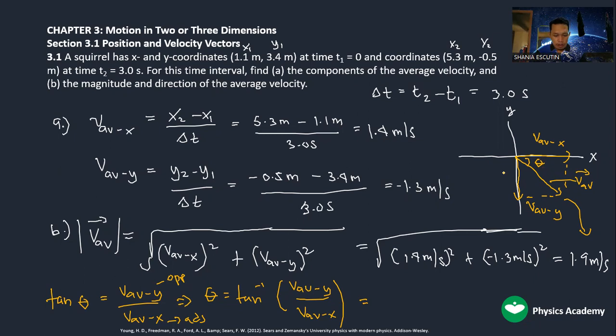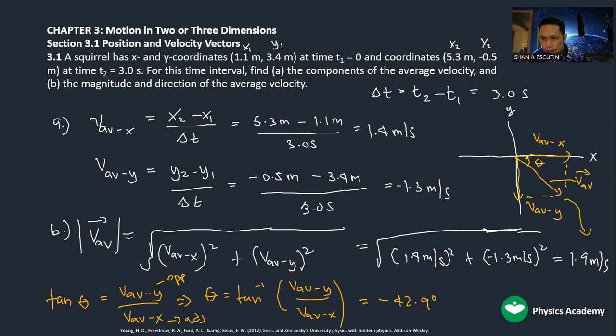So shift tangent of negative 1.3 over 1.4. You will have negative 42.9 degrees.